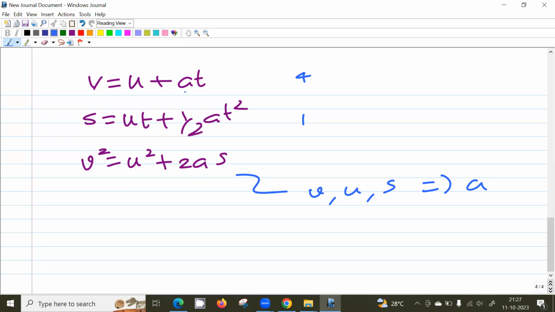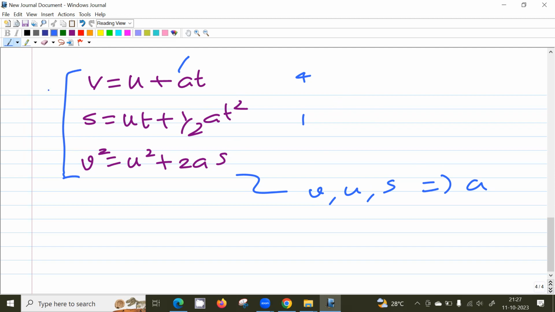If time is known and v and u are known, I can find acceleration from this one. Similarly, if s is known and u is known, but not the final velocity, and a is known, or if time is known, I can find the other. Basically, there are five variables, and depending on what is known and unknown, I have to choose which equation to use to solve the problem.